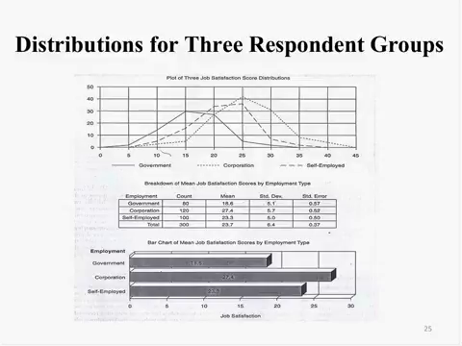And remember, the standard error is the standard deviation of the sample. And then finally, the chart at the bottom of slide number 25, again, exactly the same data, but presented as a bar chart of the mean job satisfaction scores by employment type. So you can see here's three different ways to present virtually the same data.